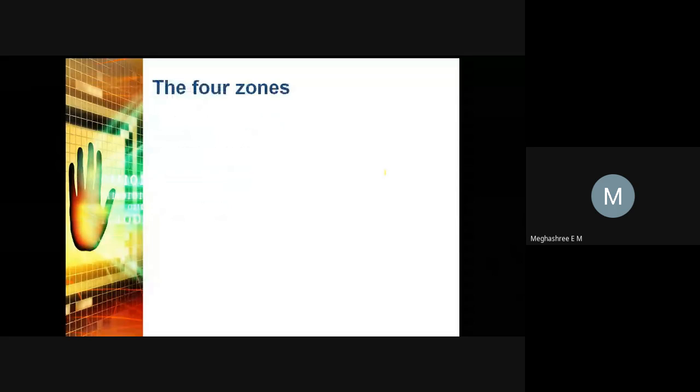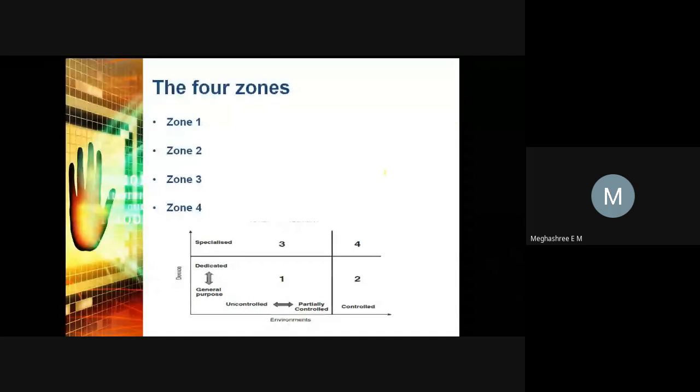I said there are four zones, zone 1, zone 2, zone 3, and zone 4, with respect to this diagram. In zone 1, I already explained, the environment is uncontrolled and a general purpose device is used. So in zone 1 the risk factor will be high because less security is provided.